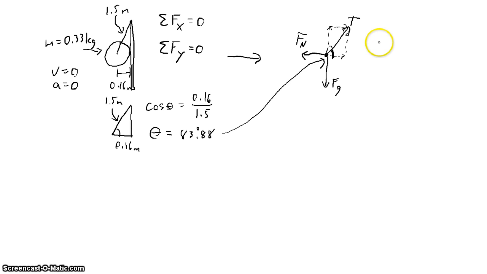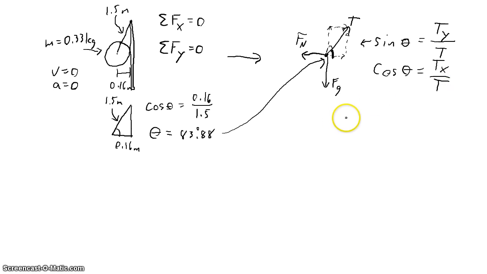For example, we know that the sine of theta for this triangle here is equal to, well, the opposite side here for this angle is the vertical component of the tension, Ty, divided by the hypotenuse, which is the full tension force, T. Similarly, cosine of theta is equal to the horizontal component divided by the full tension.